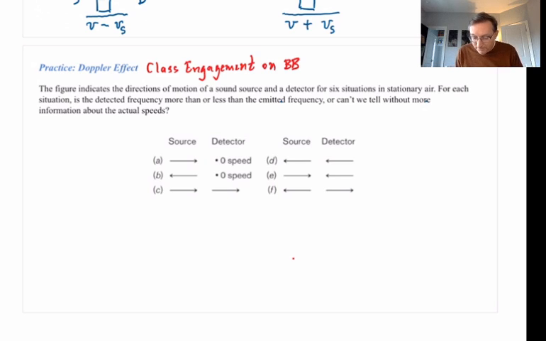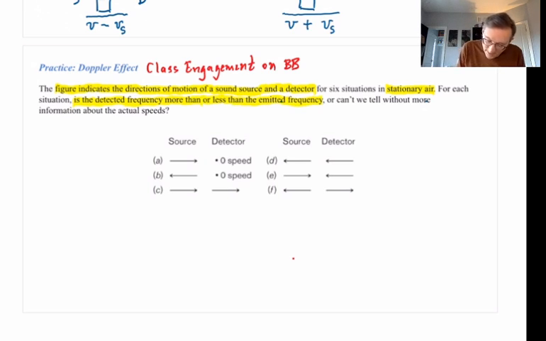Here's a scenario. The figure indicates the directions of motion of a sound source and a detector for 6 situations in stationary air. Okay, we don't have to worry about moving air. For each situation, the question is, is the detected frequency more than or less than the emitted frequency?